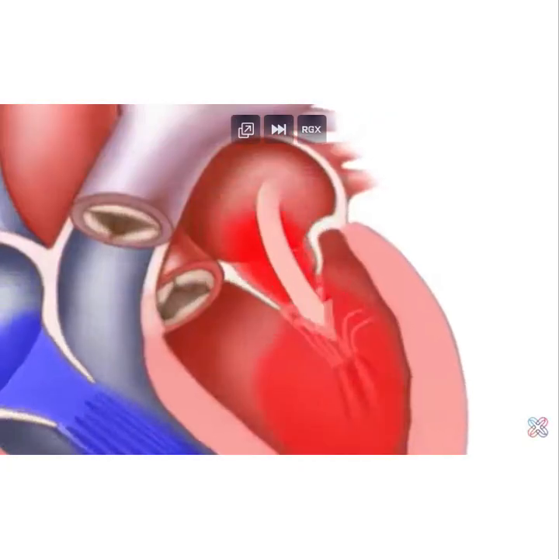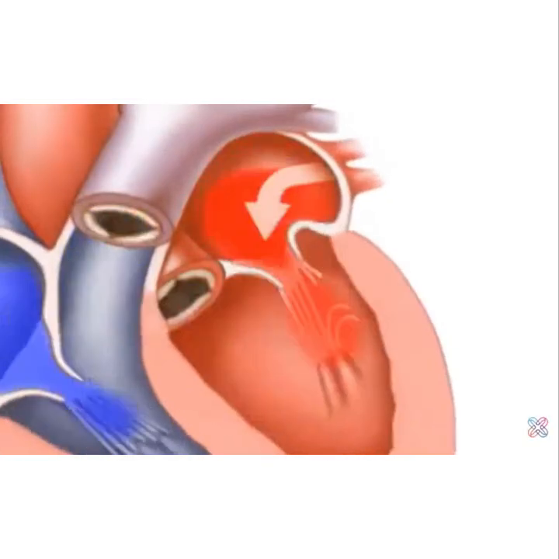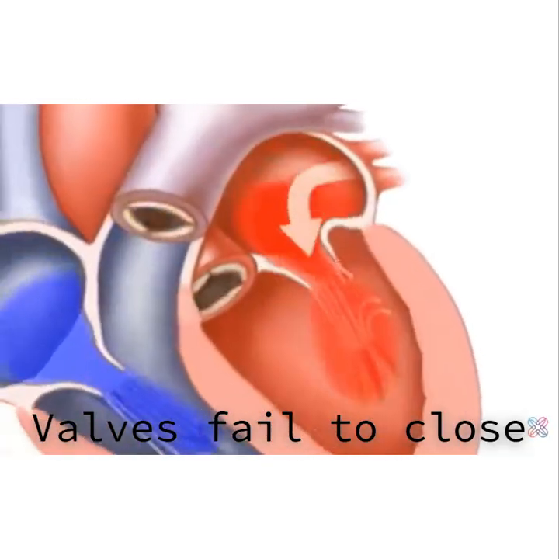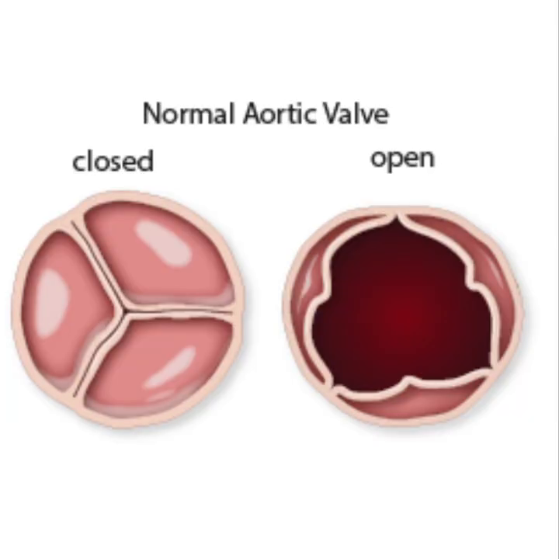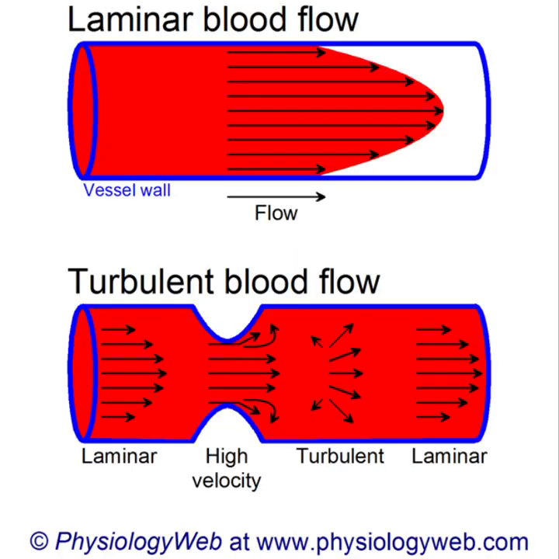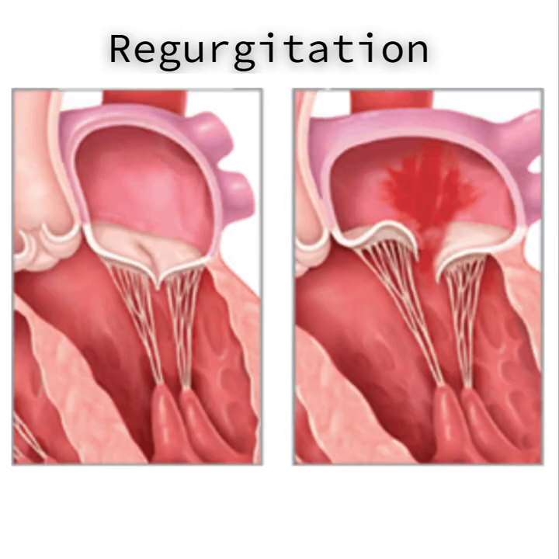A murmur, on the other hand, sounds like a whooshing or blowing noise superimposed on a normal heart sound. This occurs due to turbulent blood flow, often caused by valve stenosis, the narrowing of vessels, or regurgitation, which is the leakage.